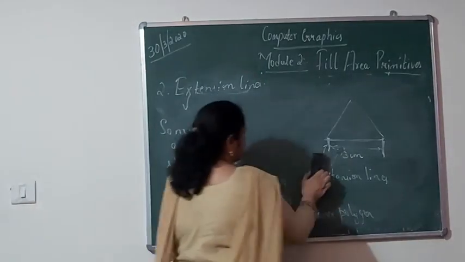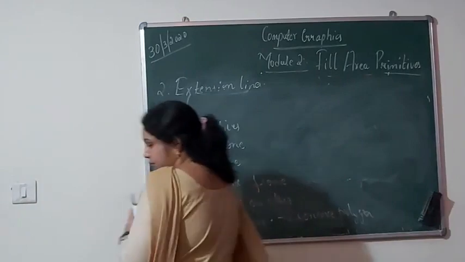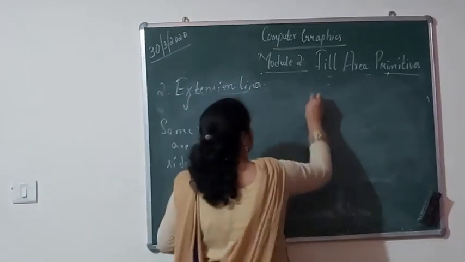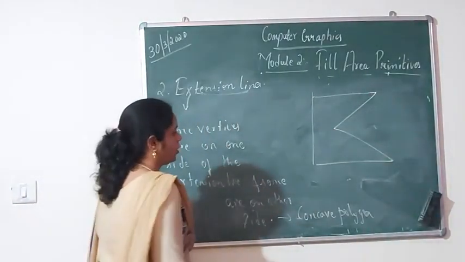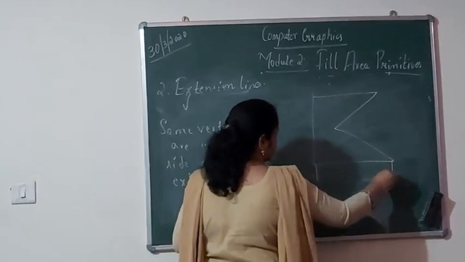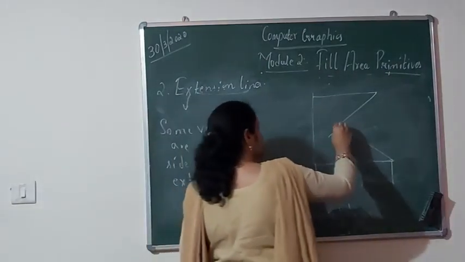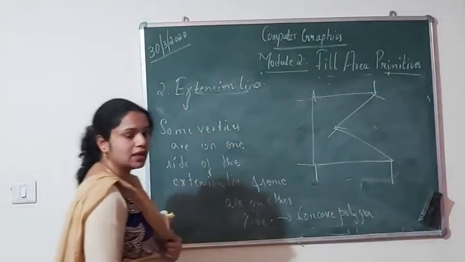So let me write one concave polygon. If I take this concave polygon, right? If I take extension lines, some vertices are on one side of the extension line and some vertices are on the other side of the extension line, right?